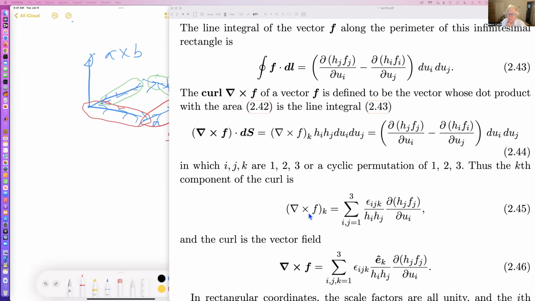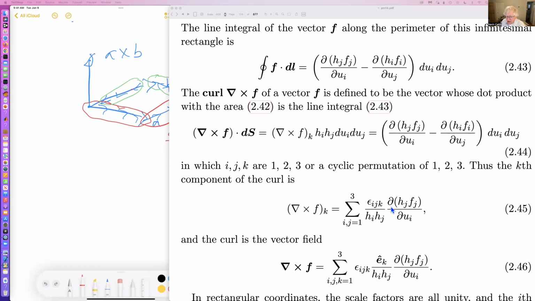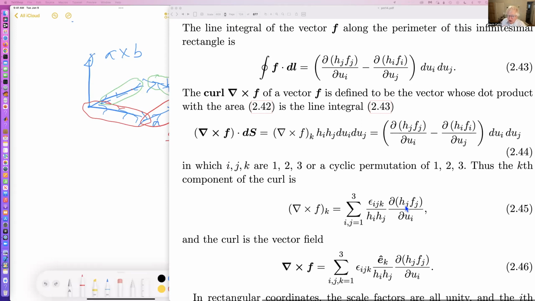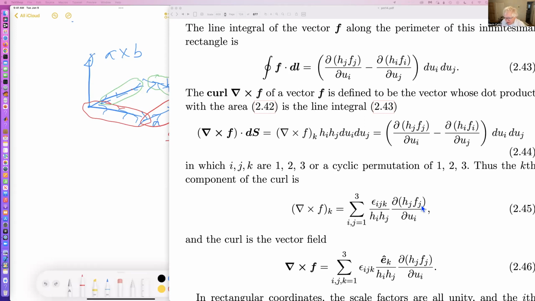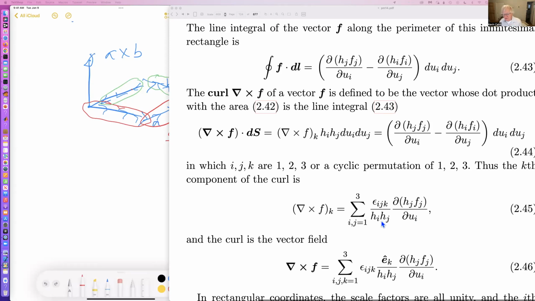And so the kth component of the curl then is epsilon ijk, partial of h_j f_j with respect to u_i, and then dividing by the two scale factors. And so if we write the whole thing as a vector, then we sum over the orthonormal vectors e_k. We have the antisymmetric symbol, the two scale factors, the derivative, and then h_j f_j.